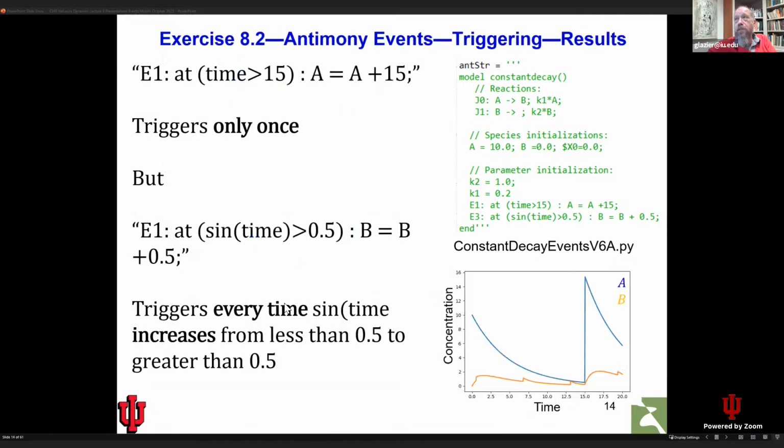Okay. So the next one to do is this issue that triggering happens when the argument goes from false to true. And so if it goes true and then stays true, it only triggers once.